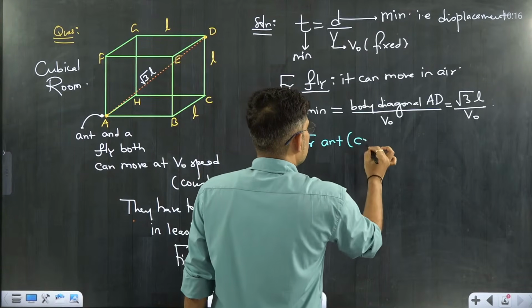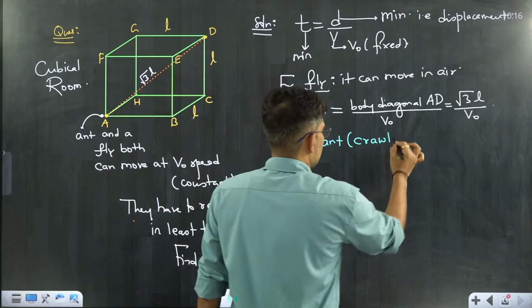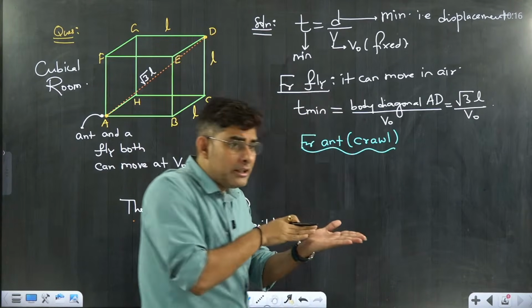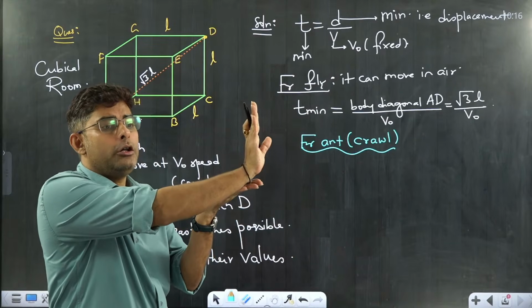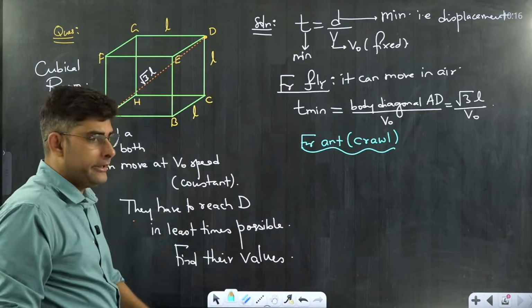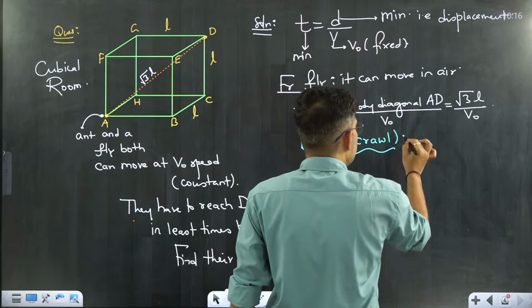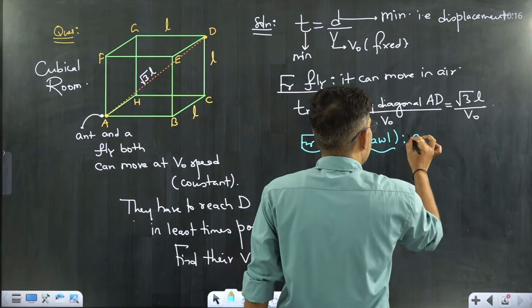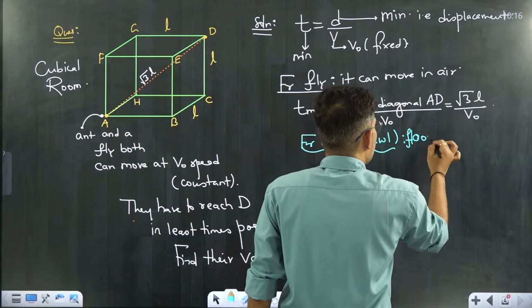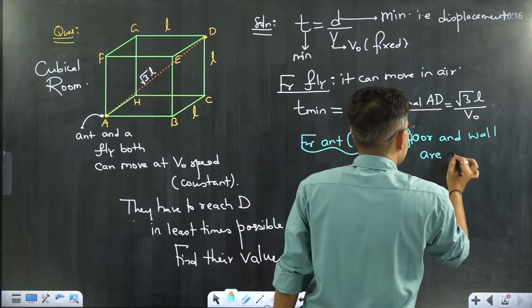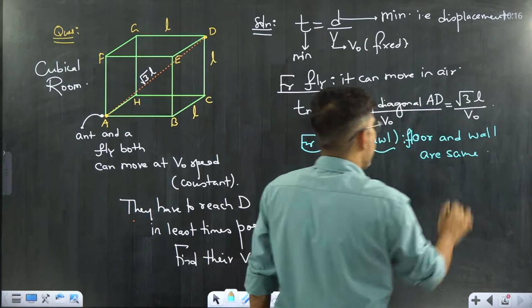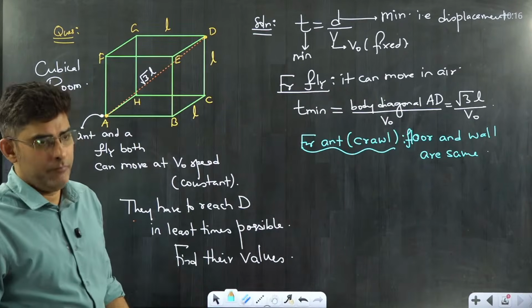If I talk of the ant, we know it can crawl. So it can crawl on the ground also, and it can crawl on the wall also with the same speed. So for an ant which can crawl, I can say floor and wall are the same. Can I say that for the ant the floor and wall are the same?